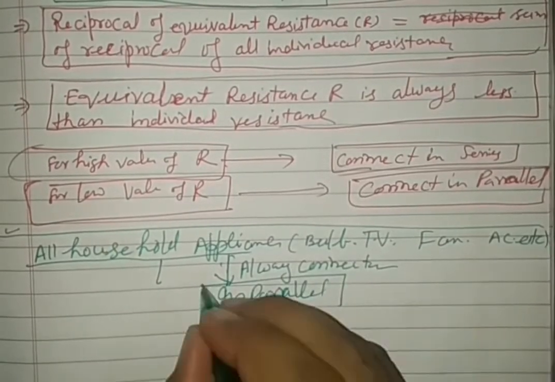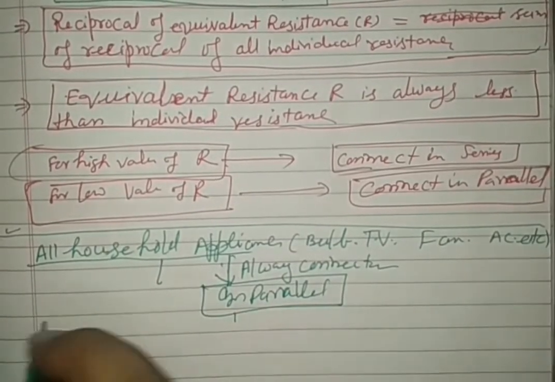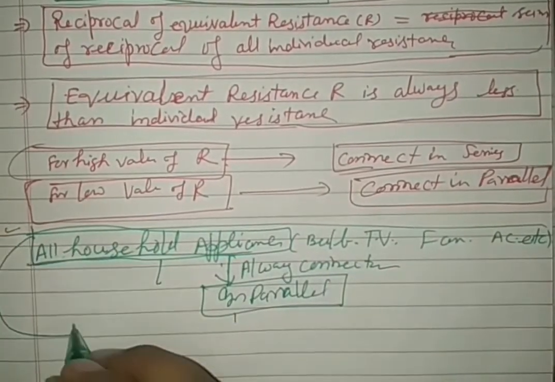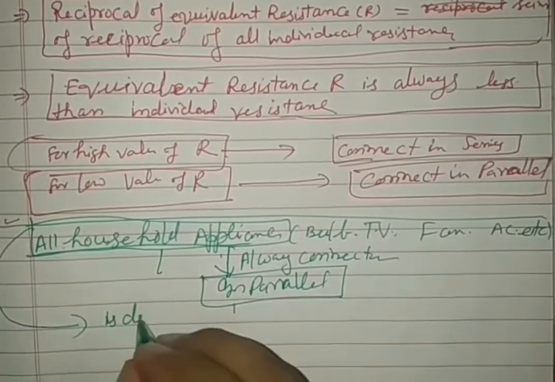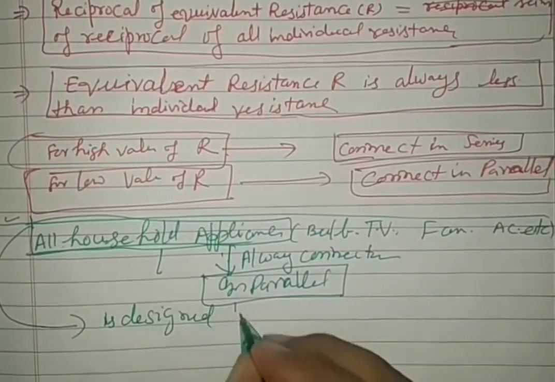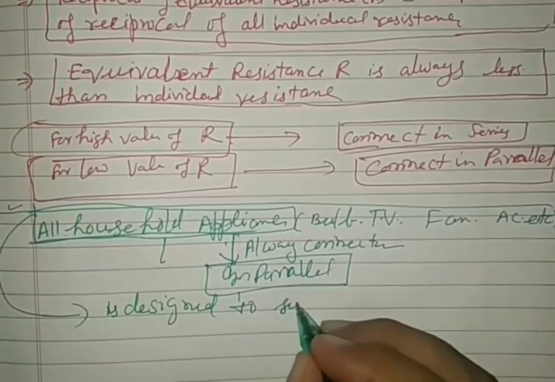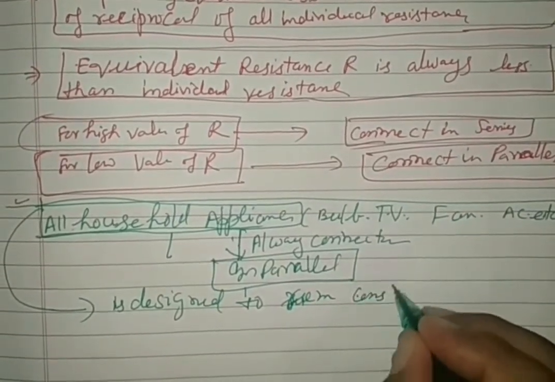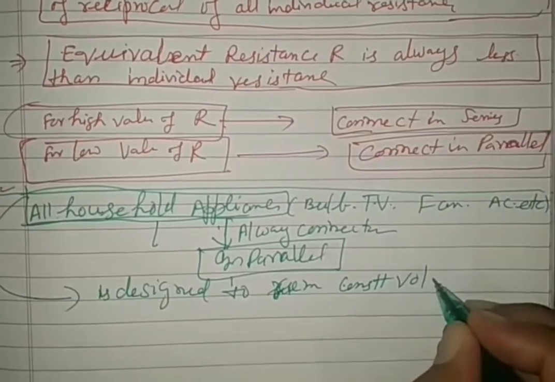Why are they connected in parallel? Because household appliances are designed to run on constant voltage.